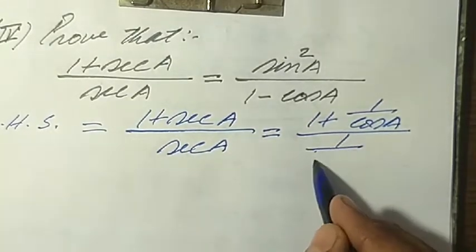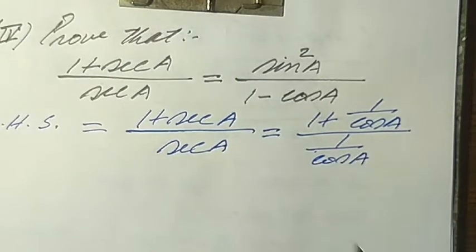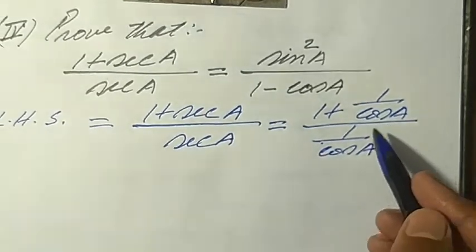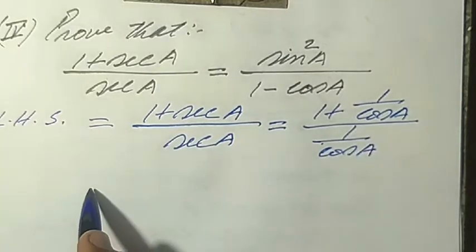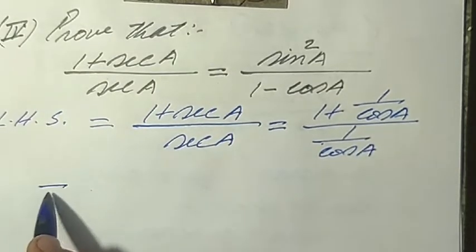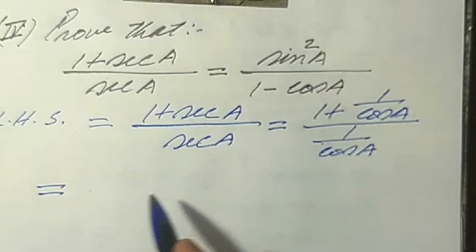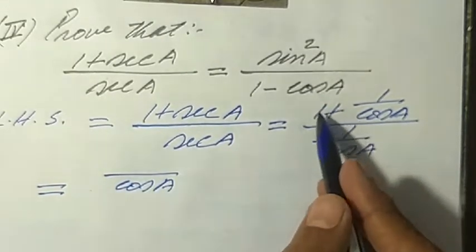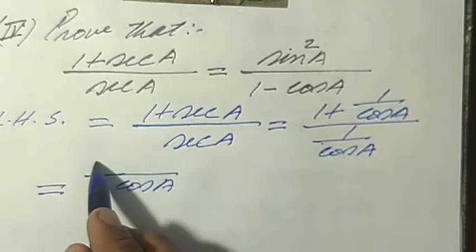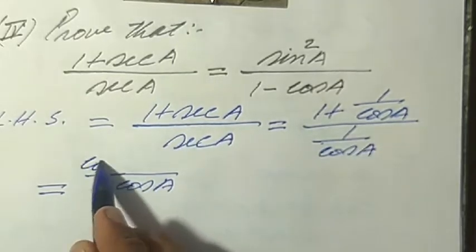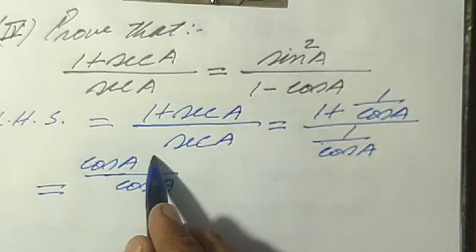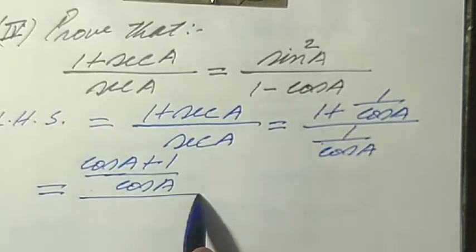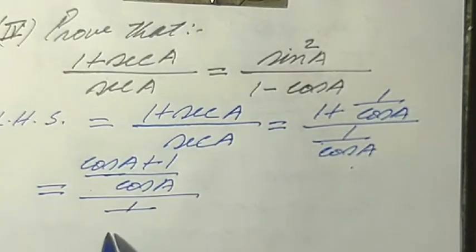So we get 1 plus 1 upon cos A, upon 1 upon cos A. Now if in the numerator we take cos A as LCM, in the numerator we get cos A plus 1, divided by 1 upon cos A as it is.